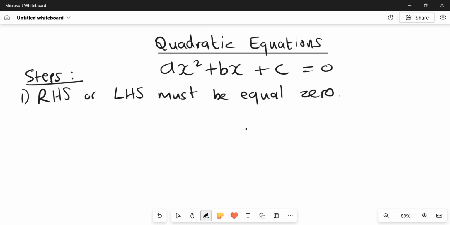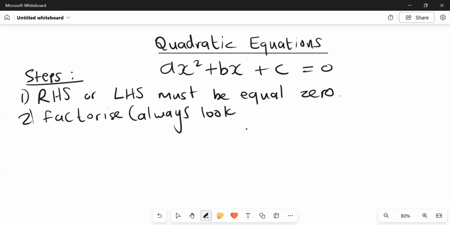Number 2, factorize. Can you see now the factorization is coming back? So always look for a common factor first.